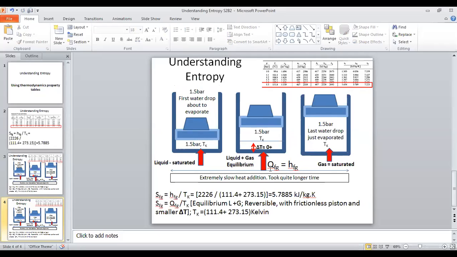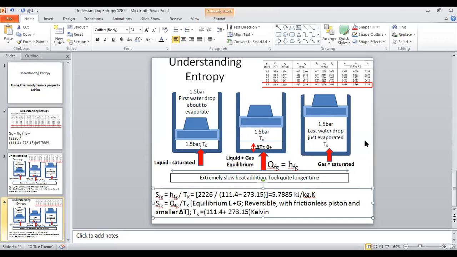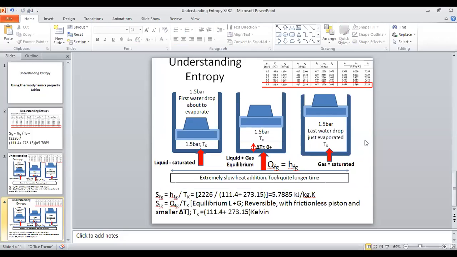The total becomes QFG. That is very important. Also, instead of FG, if the first state is 1 and the final is 2, you can have Q12 also. No issue.